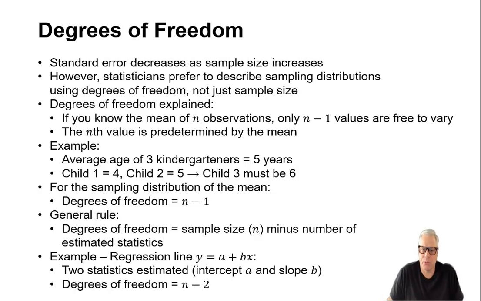And when you have a greater sample size, your standard error decreases, because you know that the standard error from the sampling distribution is either the population standard deviation over the square root of n, or if we don't know the population standard deviation, we have to work with the sample standard deviation.